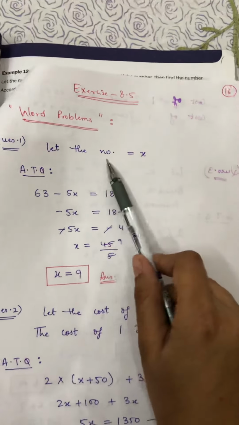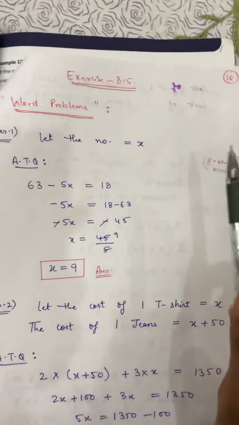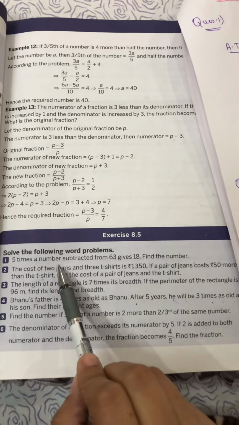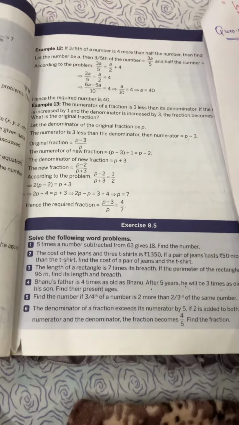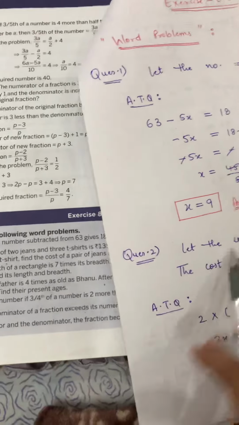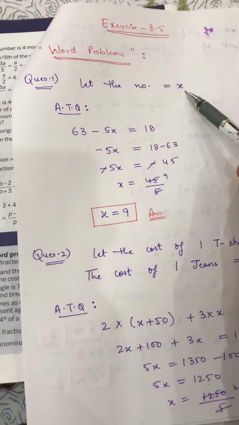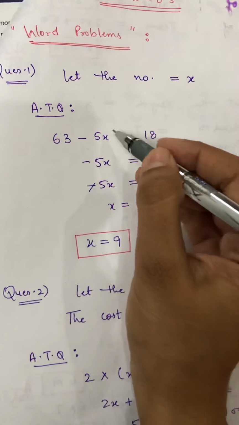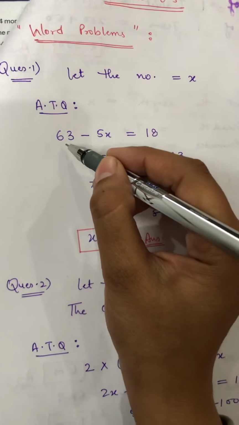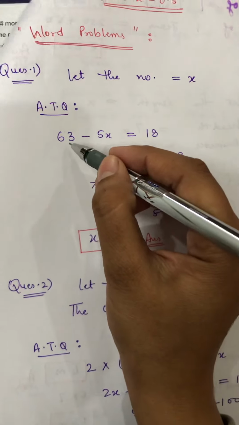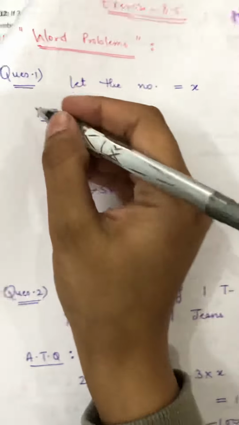Question 1: 5 times a number subtracted from 63. How do you solve it? First of all, suppose the number is x. Now they are saying that 5 times the number is subtracted from 63, and it gives 18. That's it. This is your linear equation.